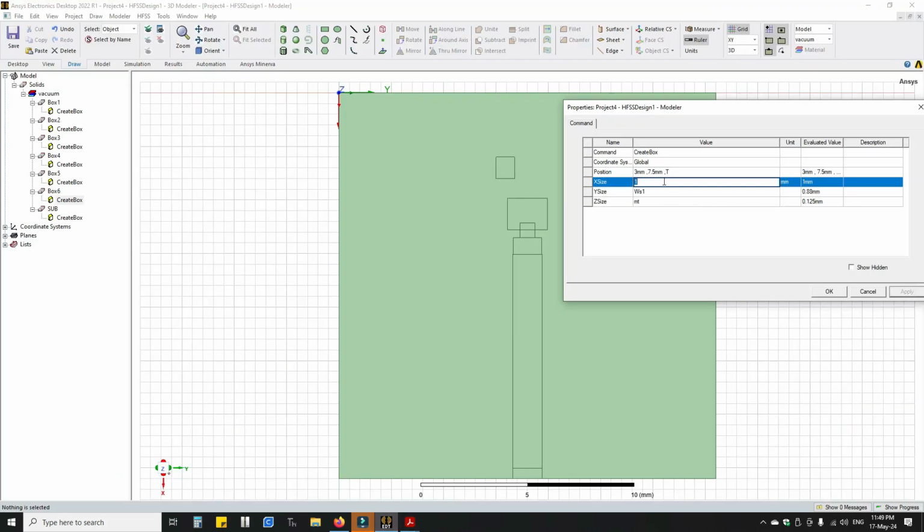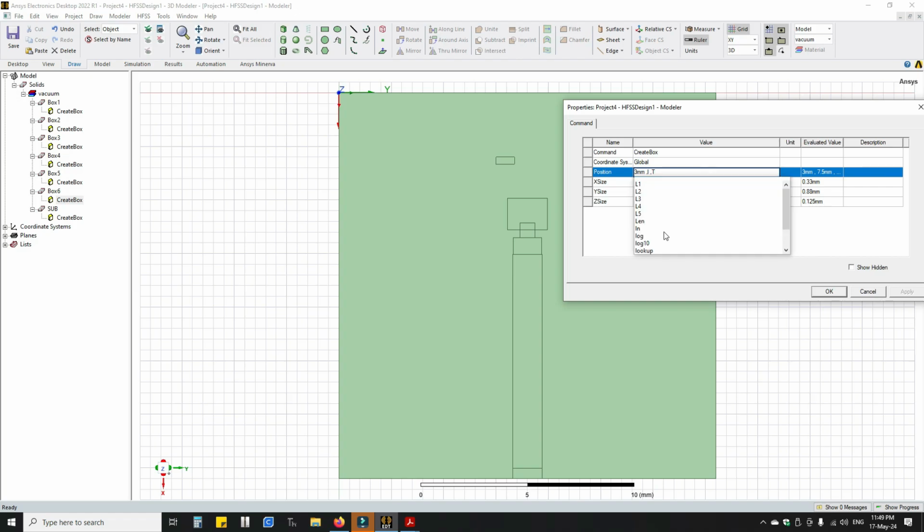Go to here, place LS1. Okay, very good. Towards the y direction, from the length L by 2 minus WS1 by 2.